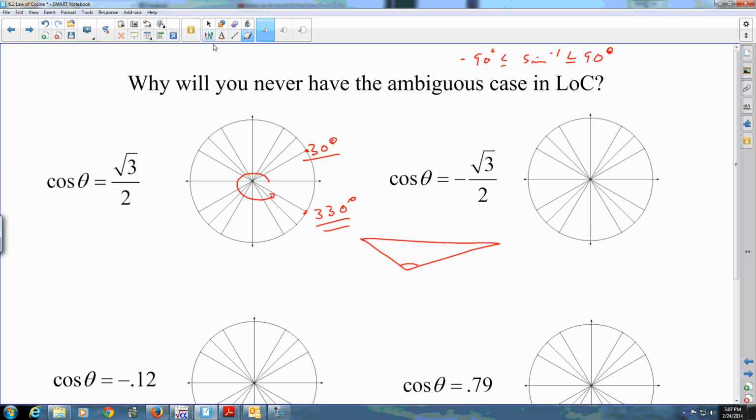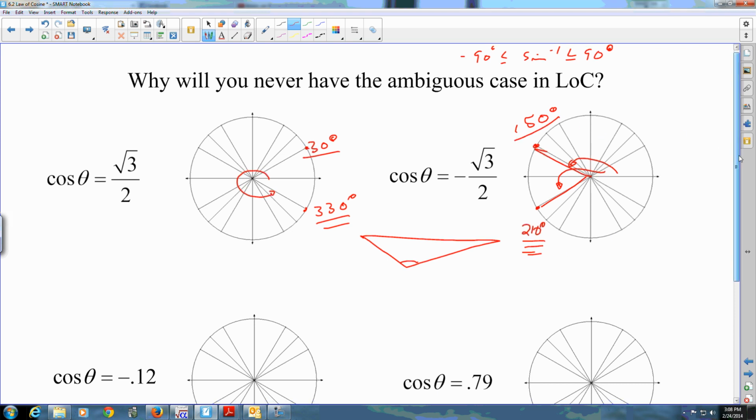Where is cosine negative square root of 3 over 2? Right here and right here. Again, this is going to be 150 degrees, and this angle, as you guys know, is 210. Not going to make a triangle, where this one will.